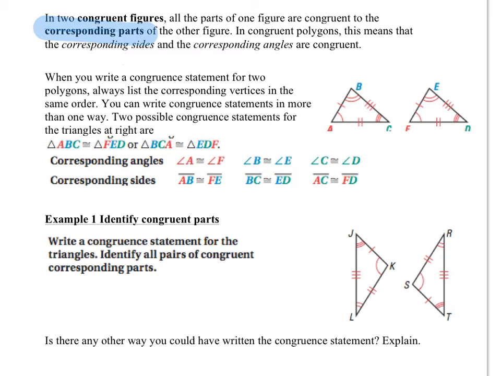So you write a congruence statement, which is writing out the actual triangle ABC with its corresponding vertices in the same order.